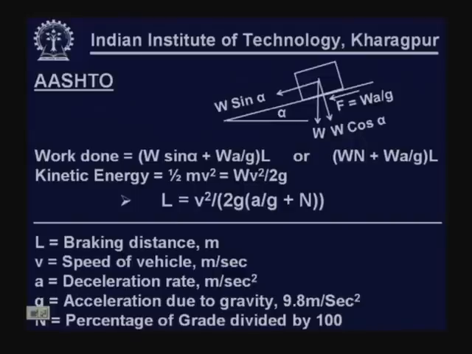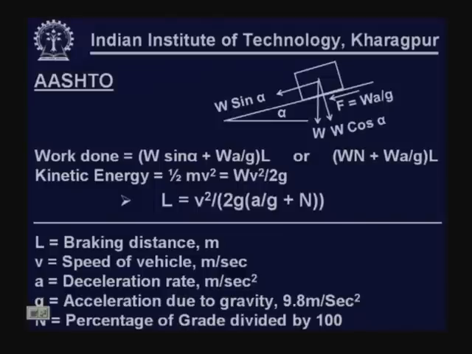The parallel component is taken as W by g into a. When we derived it based on IRC, we used small f into W cos alpha. Here we are using force equal to mass into acceleration, so W by g into a.